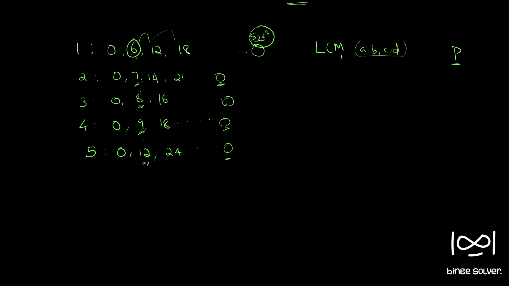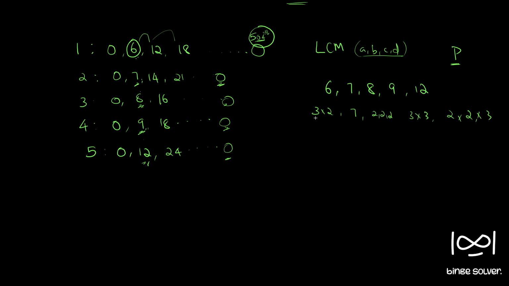So to find LCM, if you are not familiar, say you want to find the LCM of 6, 7, 8, 9, 12. What we could do is factorize these. 6 is 3 into 2. This is just 7. This is 2 into 2 into 2, and this is 3 into 3. This is 2 into 2 into 3.